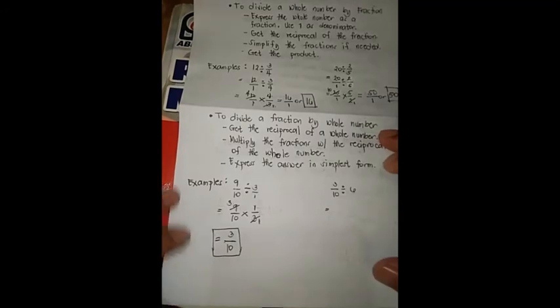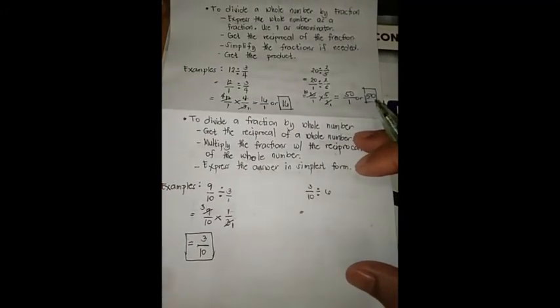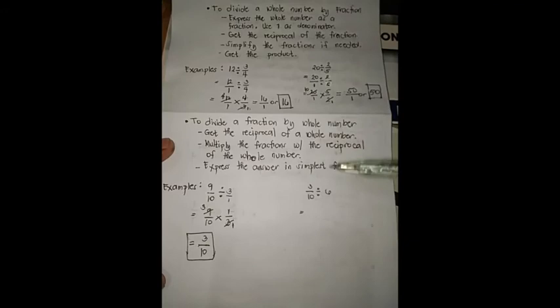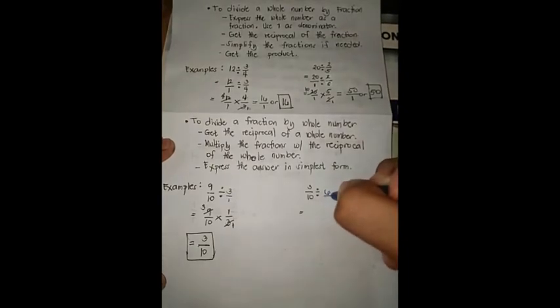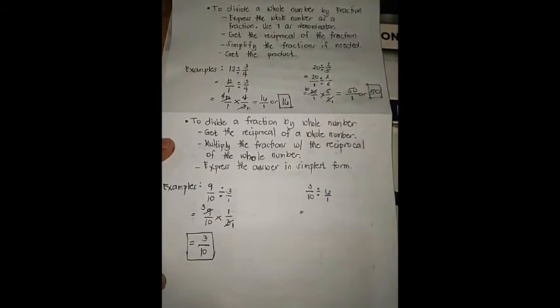Para mas maintindihan natin, let's have another example. Meron naman ako ditong 3 over 10, divide by 6. First is gagawin nga daw yung reciprocal, which automatic na meron na kagad tayong denominator 1. I-reciprocal lang natin itong si 6 over 1.